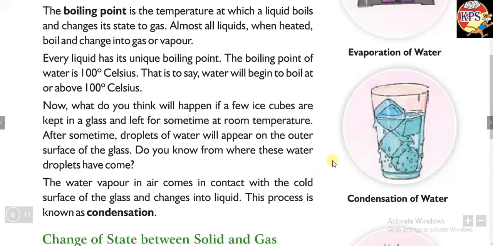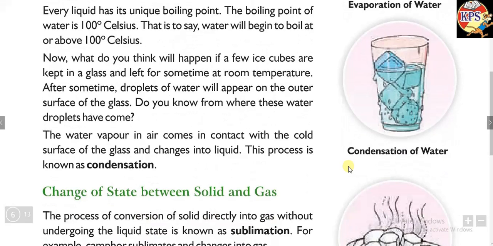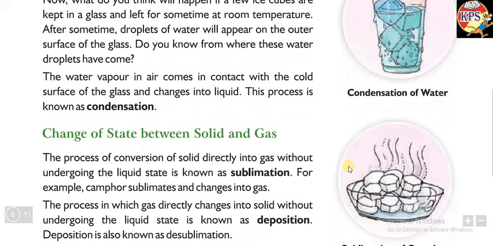The water vapor around the glass at room temperature changes into liquid because the temperature of the glass is lower than the temperature of the room. This process is called condensation, meaning changing water vapor into water, or changing gases into liquid, is called condensation. Okay, this is clear.